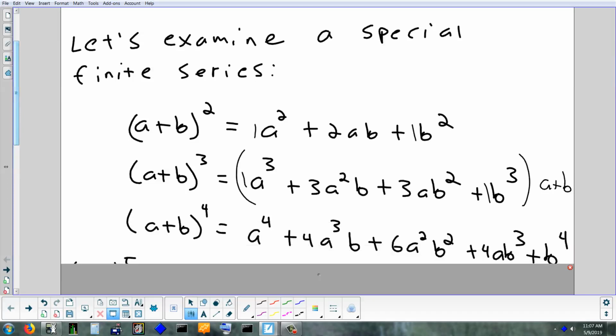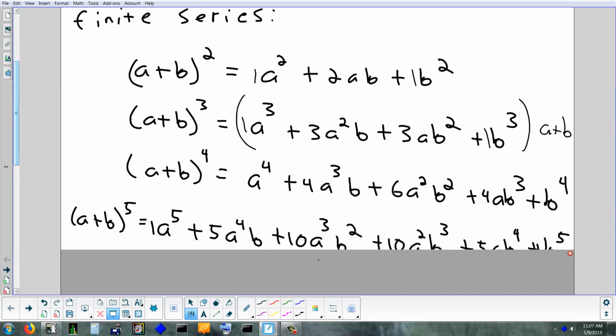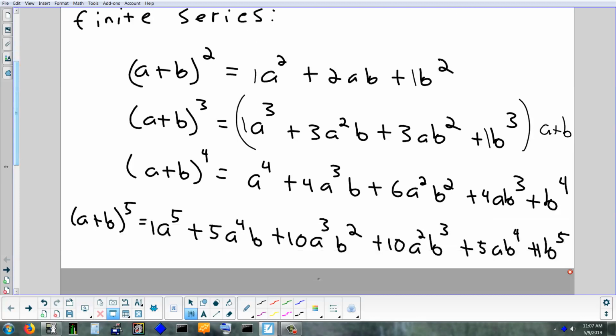So there's your a to the 4th, and you'd have some other like terms you can combine too. You don't have to really keep writing them. I just want to look at what's happening here and see a pattern. If you write it up to the 4th one, that's really enough.